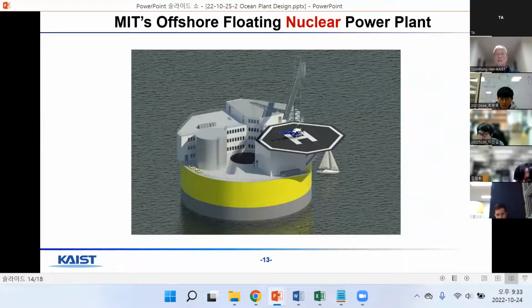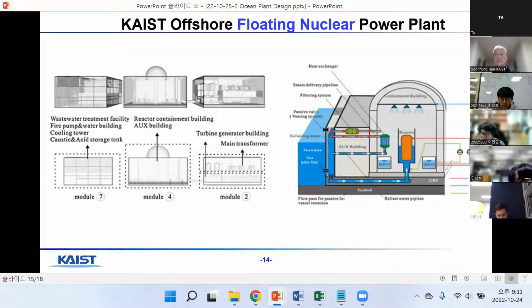And this is an idea coming from MIT for a floating nuclear power plant. They can use enough water from the ocean for cooling the nuclear system. And this one is a floating nuclear power plant idea coming from KAIST as a small unit.